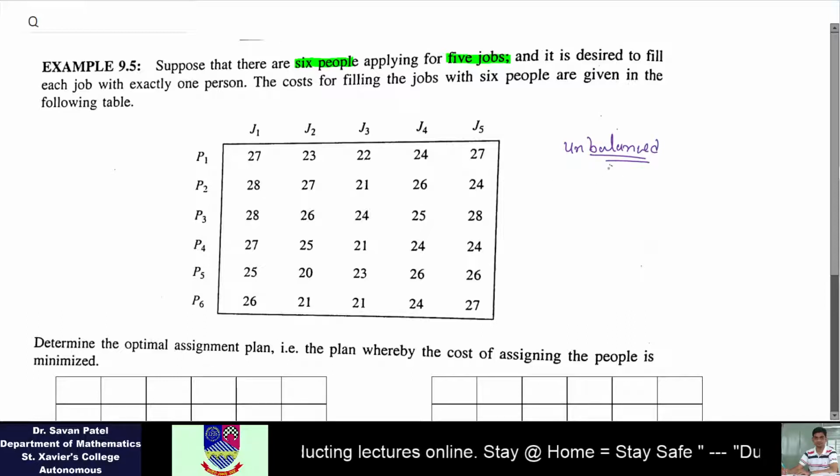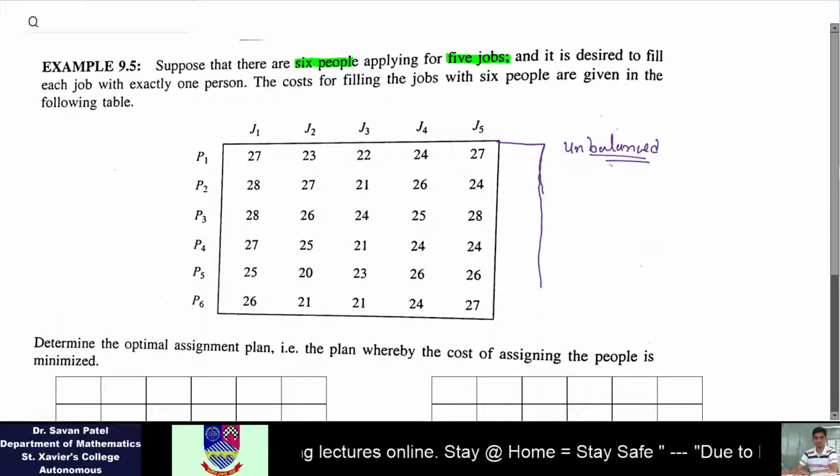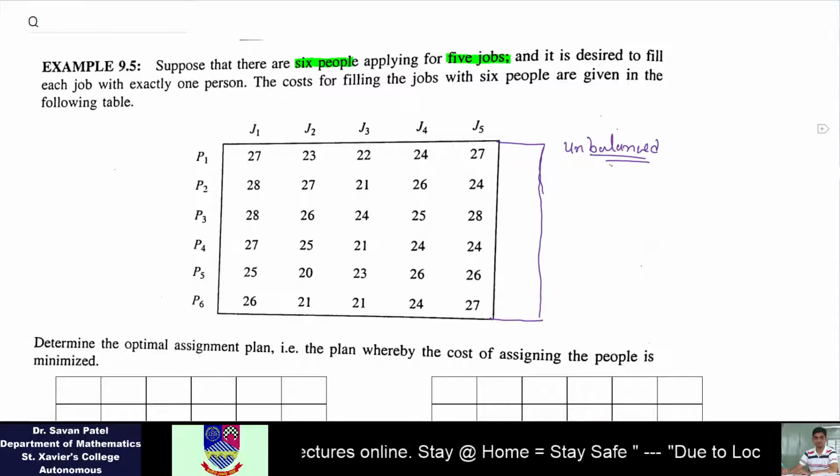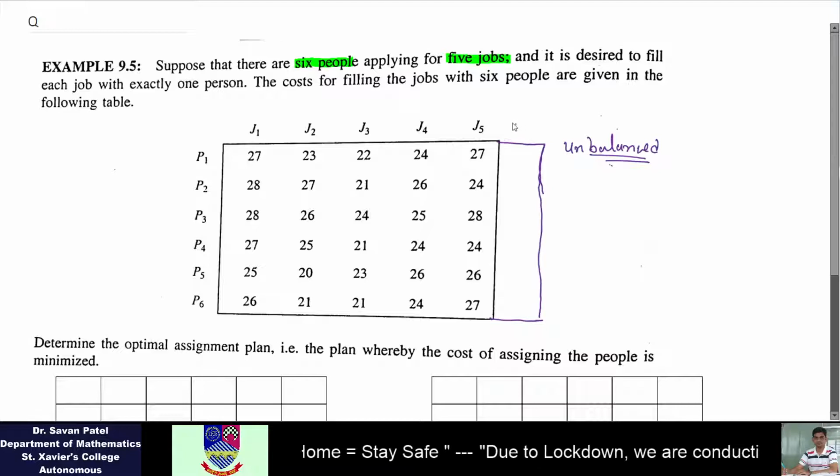Now after adding a dummy job, we are making this problem a balanced one. So here I am adding another job, that is J6.